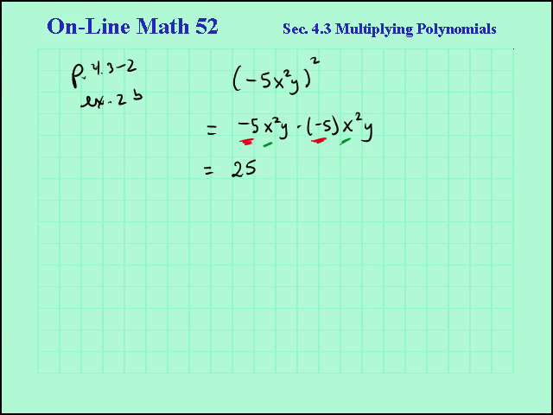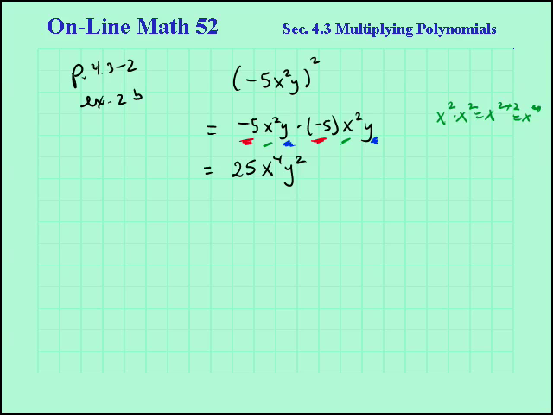And we're going to add those exponents together. It's x to the 2 plus 2, which is x to the 4. And that's what we get here, 25 x to the fourth. And then just y times y is y squared. And there you have it.